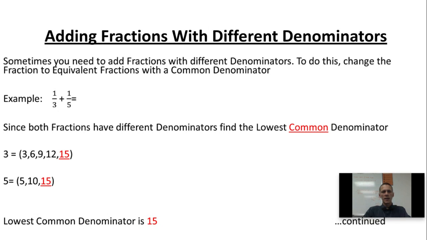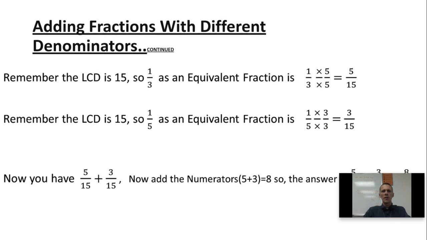So let's go ahead and add these together. Now, remember the LCD is 15. So 1/3 as an equivalent fraction is 5 over 15. Now, remember again, the LCD is 15, so 1 over 5 as an equivalent fraction is 3/15.